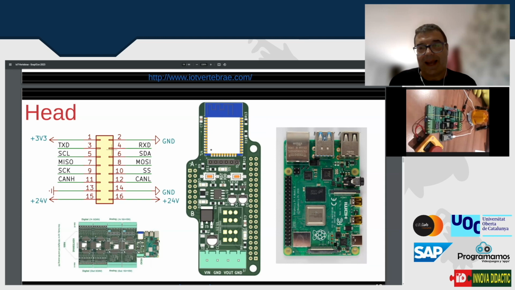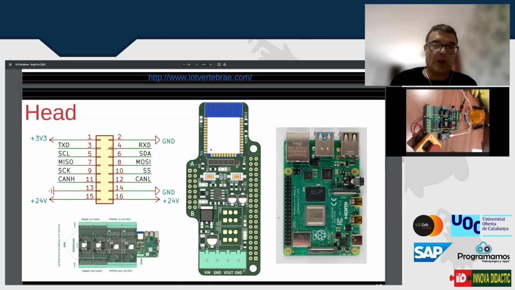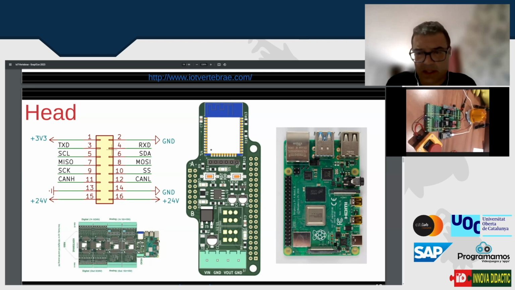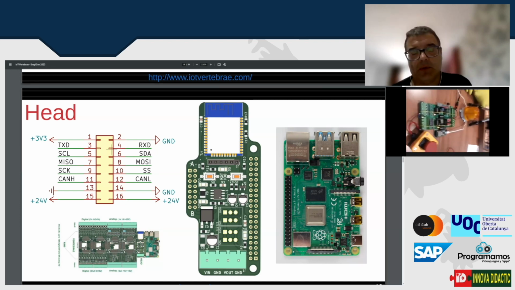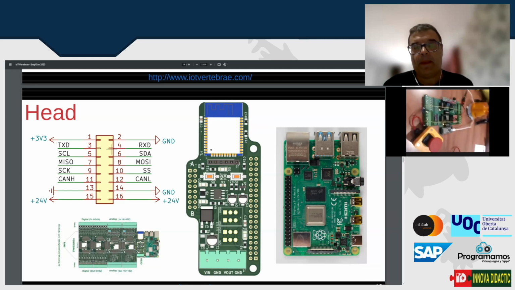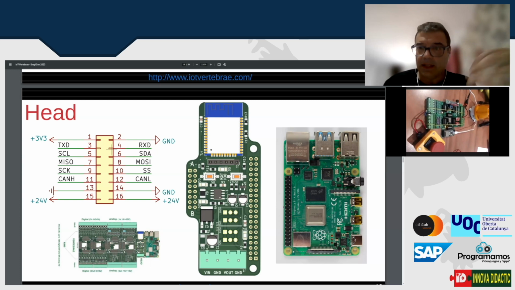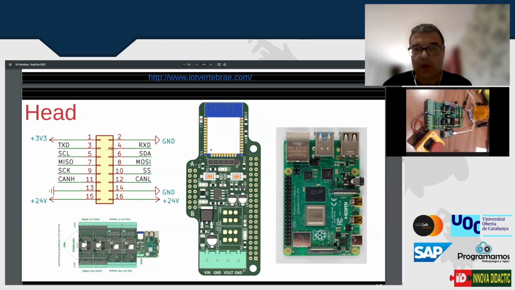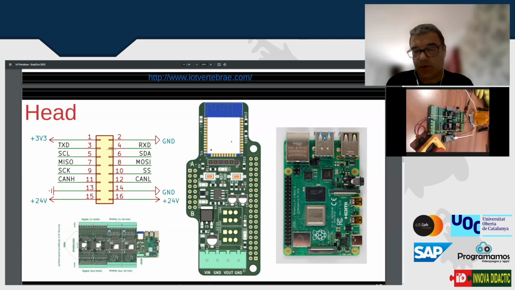We can use I2C from the Raspberry Pi to control everything. We have designed, and in the GitHub there are some Python codes able to control all the vertebrae through I2C. In this session, we have used another channel, the CAN bus, and what the head is doing is translating the MQTT protocol to the CAN bus protocol, and that is what we are using here.